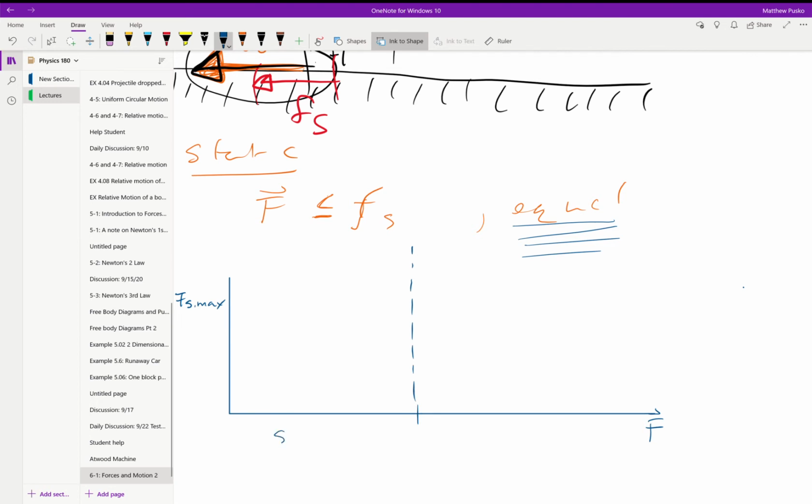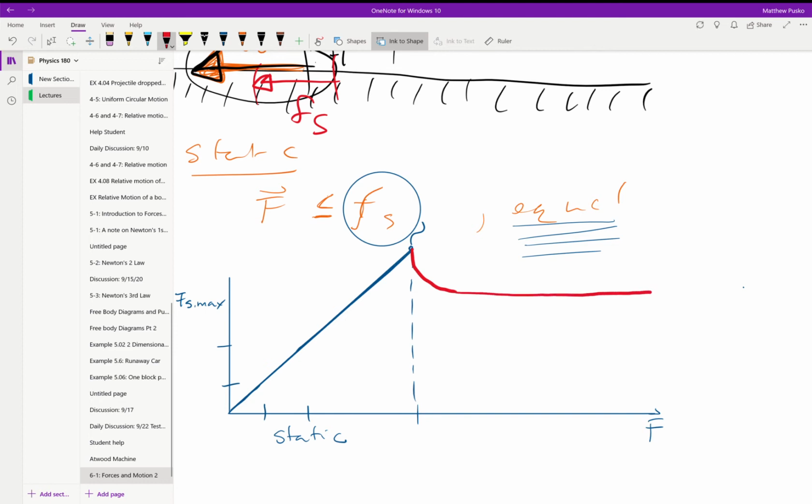One we'll call the static region. That's what we're talking about so far. The static region is, if I apply this much force, it's going to push back that much. If I apply this much force, it's going to push back this much. It is a linear relationship up until we get to that maximum static friction. So this would be our maximum static friction value. As soon as that occurs, we come into the kinetic friction realm, and it drops down a little bit and then levels off.